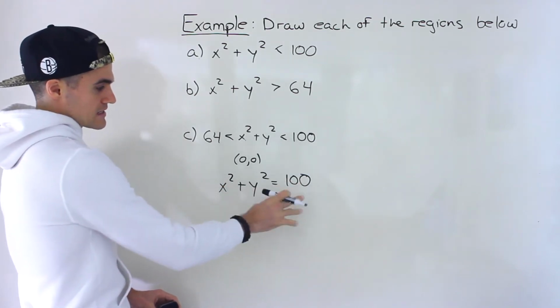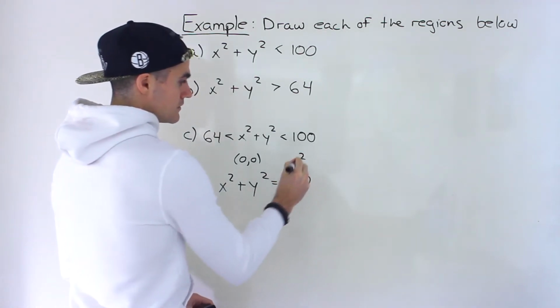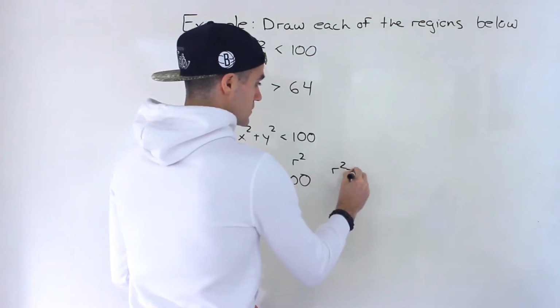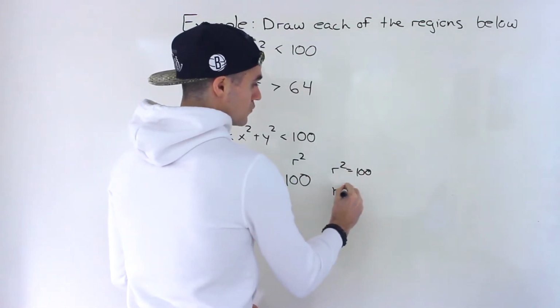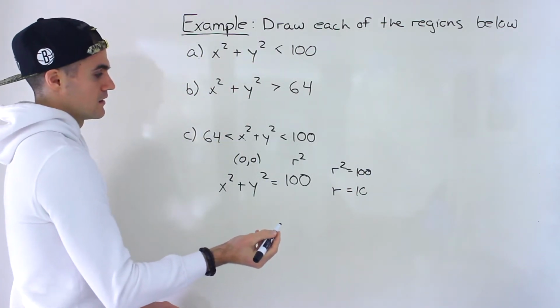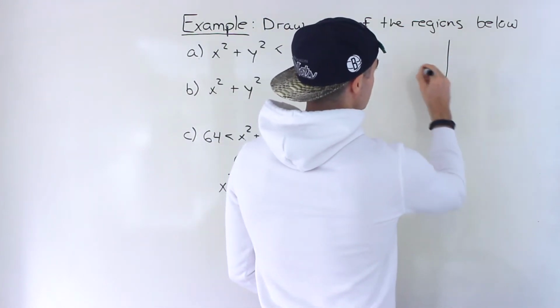The radius of this circle is going to be 10 because the right side is always equal to r squared. So if r squared is equal to 100, square root both sides, the square root of 100 is 10.